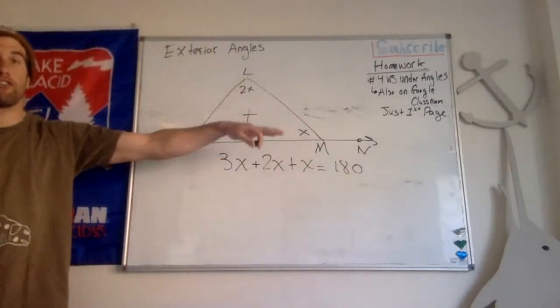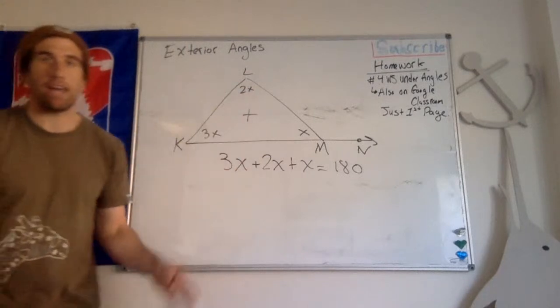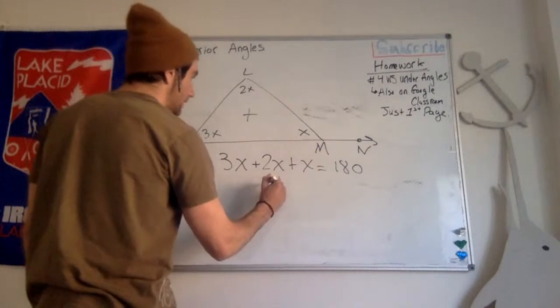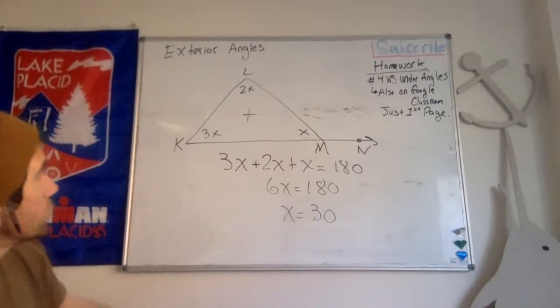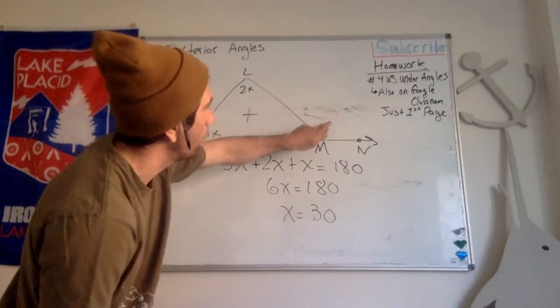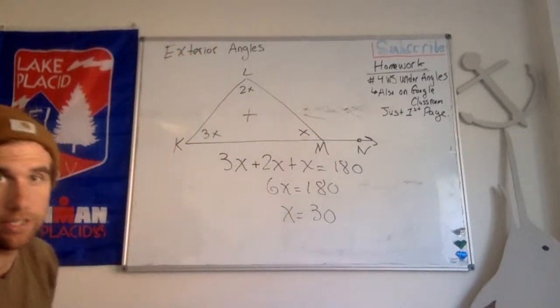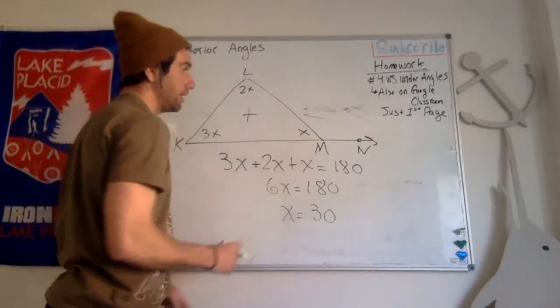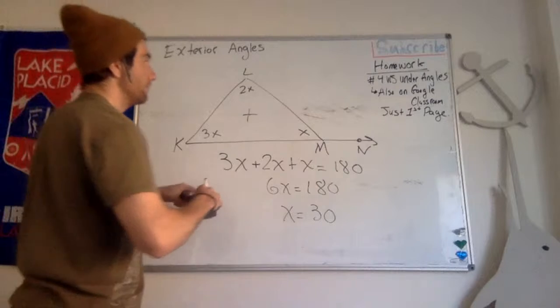So I'm doing this way first because that's the easiest way to kind of get this done. 3 plus 2 plus 1 is 6x. Now I'll start filling in what these angle measures are, and that will help me figure out what this exterior angle is. So right now, if x is 30, this angle here is 30.